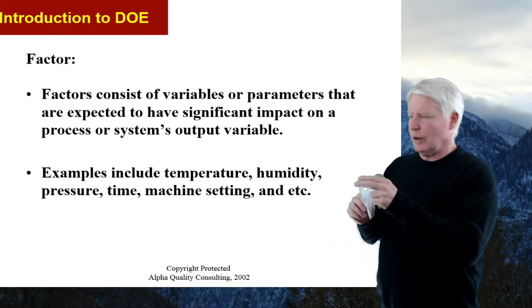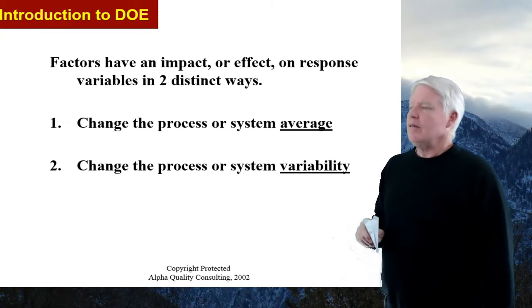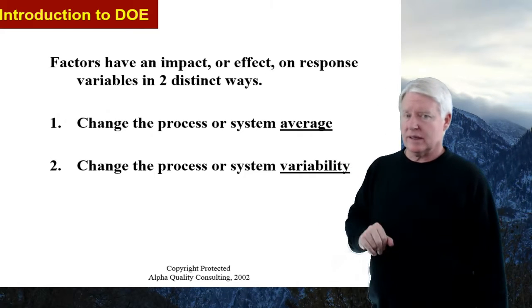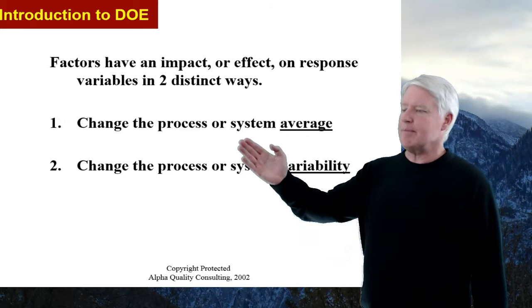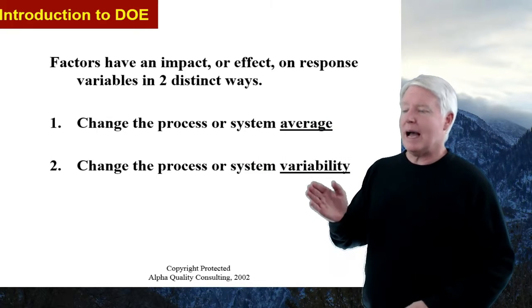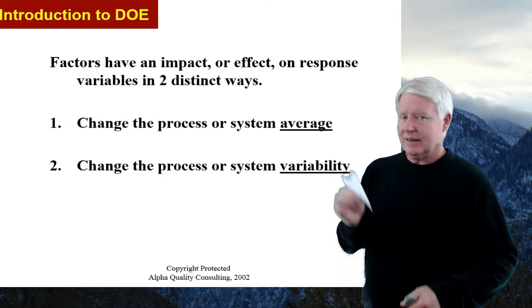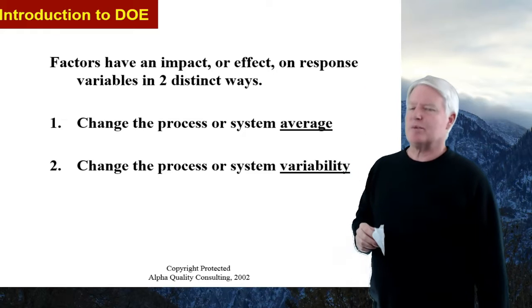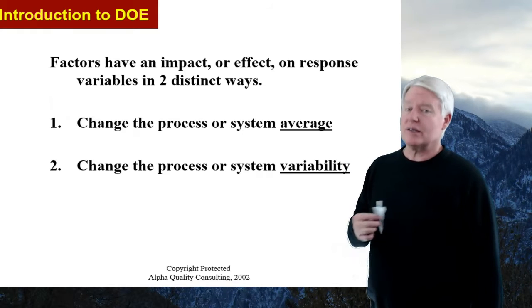Nose condition, wing condition. Got it. Factors have an impact or effect on response variables in 2 ways. This is important to remember. It can impact the average flight distance, and it can also impact the variability. So you need to take into account both of those in most design of experimental applications, or at least I'd recommend it.